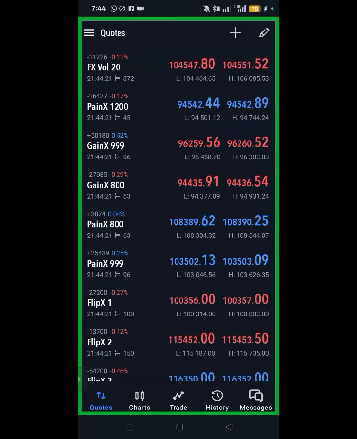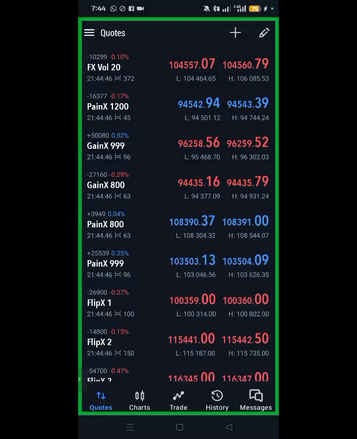Now, apart from the fact that Pain X 1200 will spike less compared to Pain X 800, sorry, Pain X 1200 will spike less compared to Pain X 1000. Sorry, I don't know why.